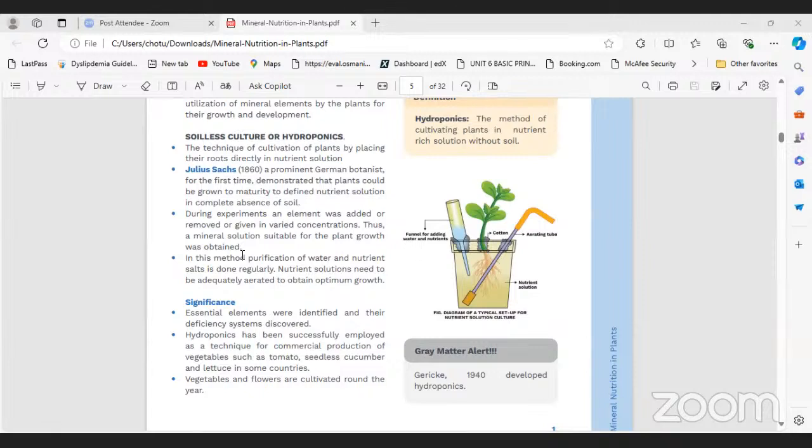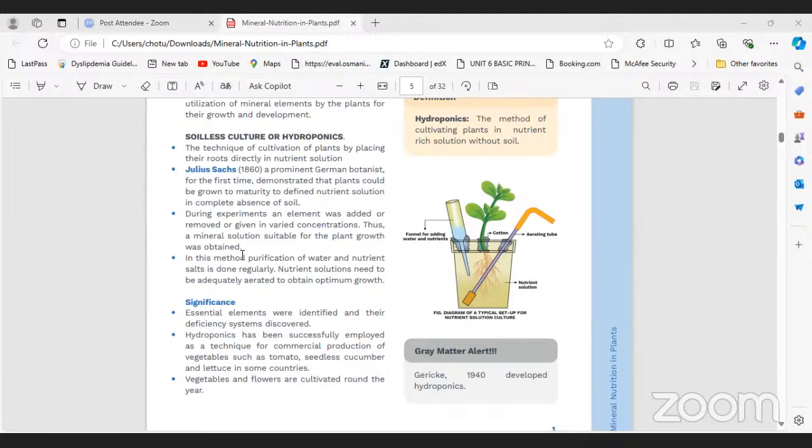Only 6. Of the 16 elements, 10 are the macro and the remaining are manganese, boron, zinc, copper, molybdenum, chlorine.